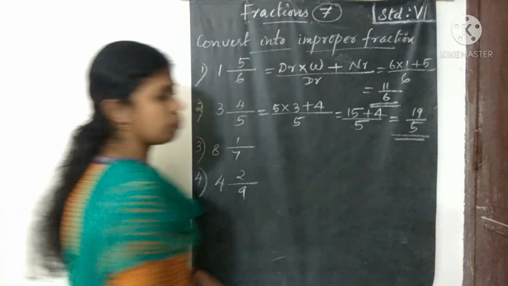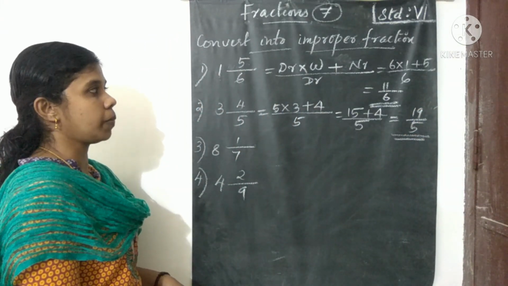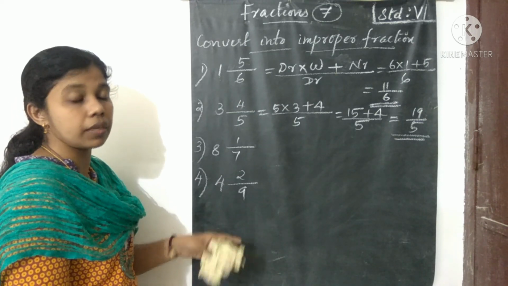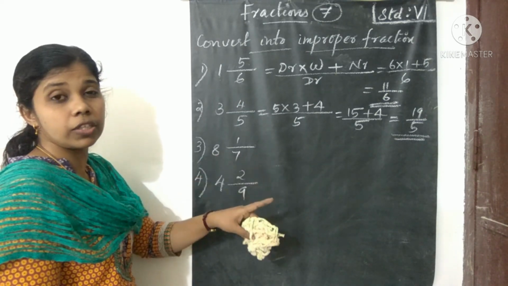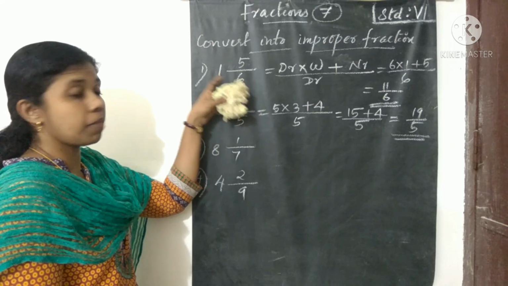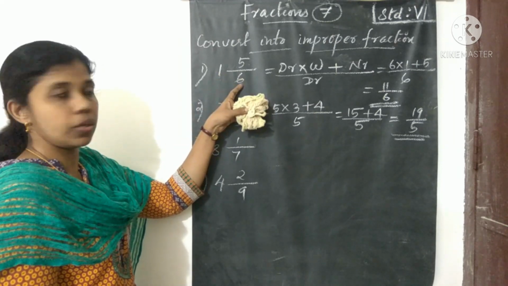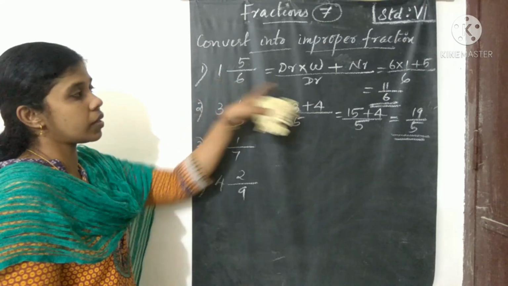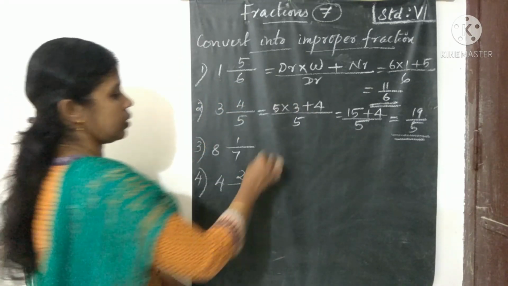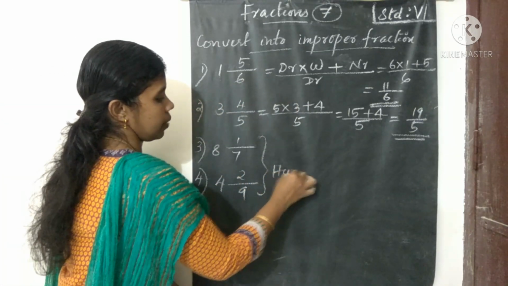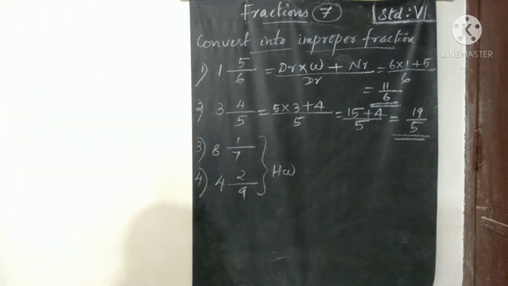This is the improper fraction. How do we convert a mixed fraction into improper? First, multiply whole number into denominator, plus numerator, divided by the same denominator. These two are the homework.